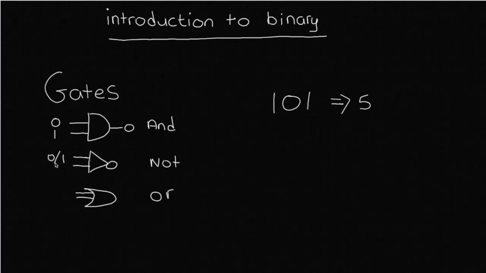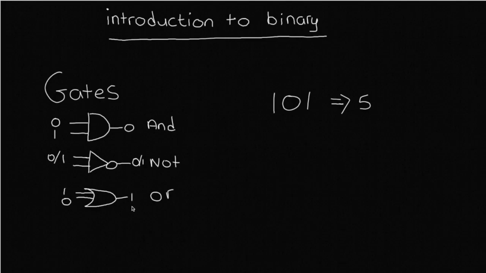So if it takes in 1 or 0, the output will be whatever the opposite of that is, so it could be 1 or 0. Then with OR, we take in 2 values, which is 1 and 0 in this case, let's say. So if either of these values are true or 1, our output will be 1.